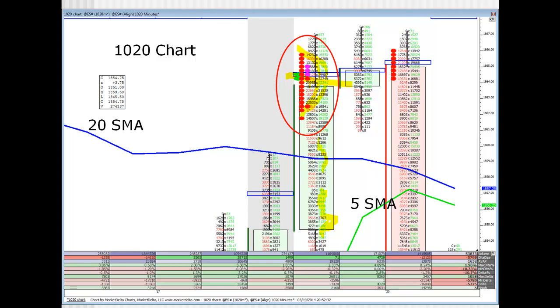Now there is something else on the chart which we haven't yet begun to look at, but we have encountered it in the past, and that is our footprint bar statistics. What do they tell us?